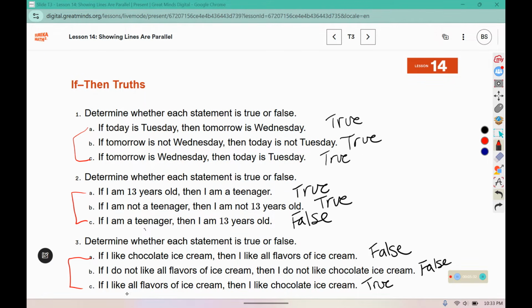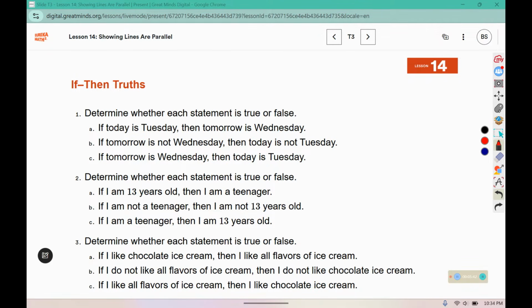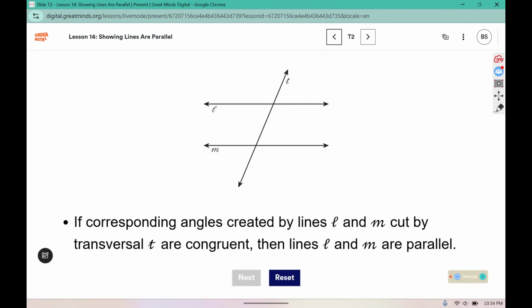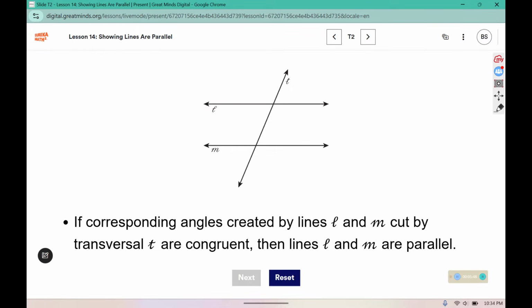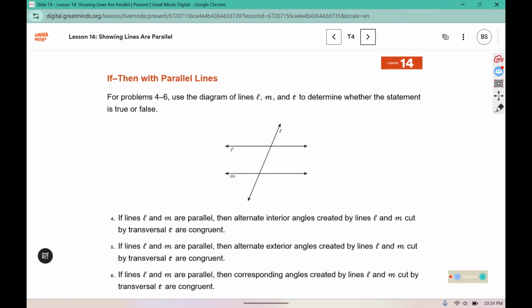So just switching the order does not guarantee that the converse will be the same as the original statement. So when we go back to that original question, can we assume that if this first one is true, the converse has to also be true? No. We need to look at it independently.